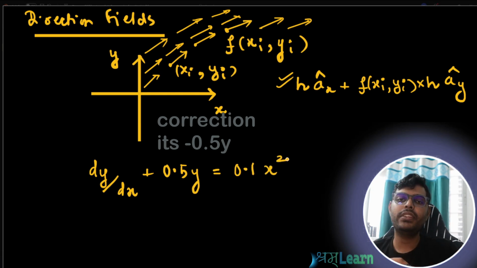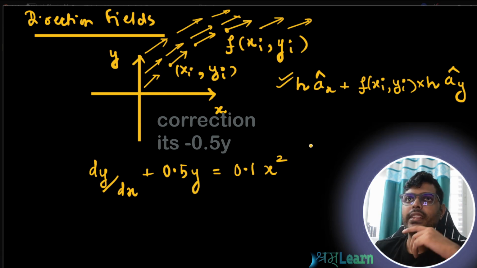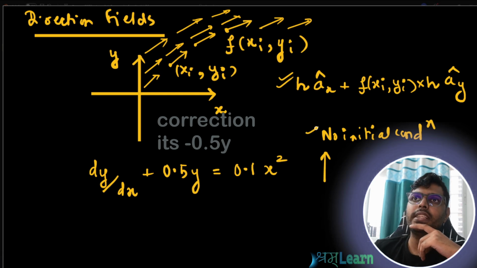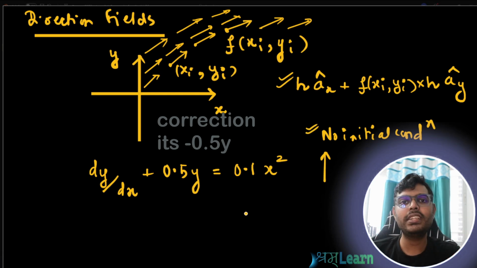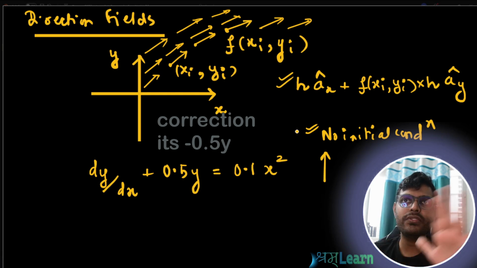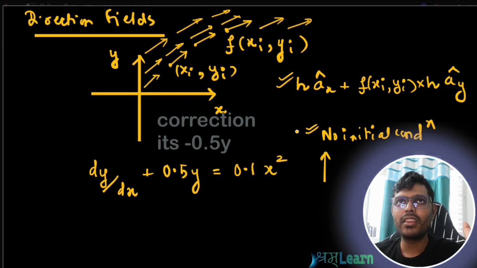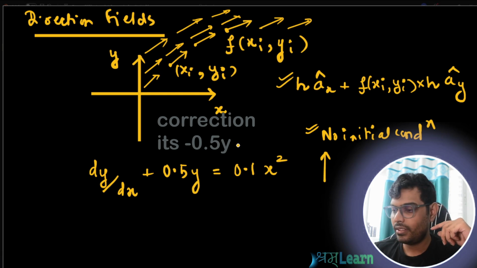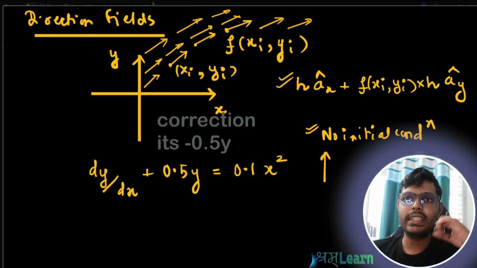There is no initial condition for this. We will find the general solution, and then see how the initial condition affects the solution. First we'll plot the direction fields for the general solution, and then we will see how the initial condition is going to affect our solution.